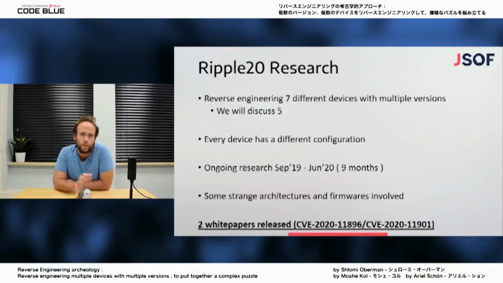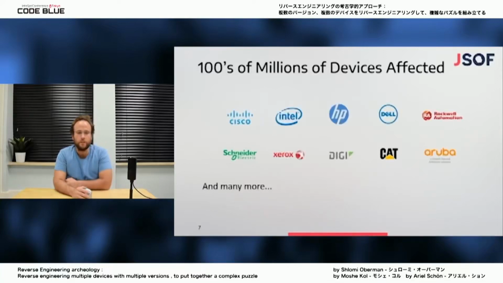And there's, of course, many more companies. In total, we reached out to over 100 companies. 30-something companies confirmed that their devices are indeed vulnerable to the Ripple 20 vulnerabilities, while a lot of companies didn't reply at all, and many companies also said that they're not vulnerable.